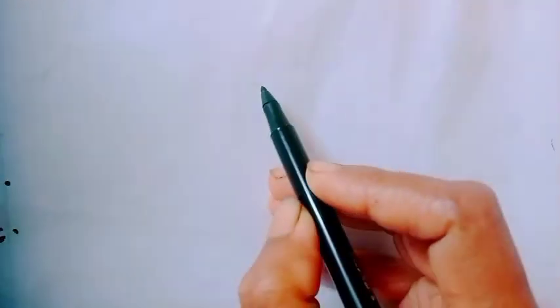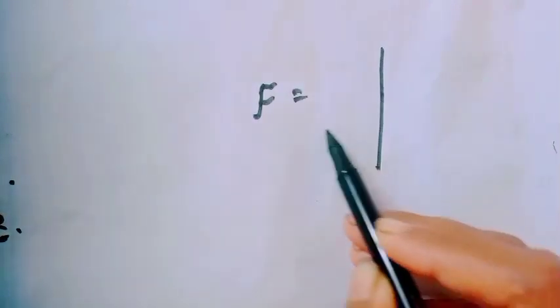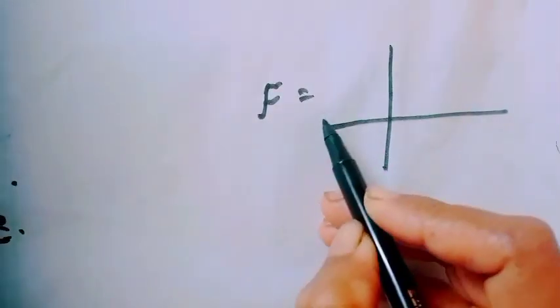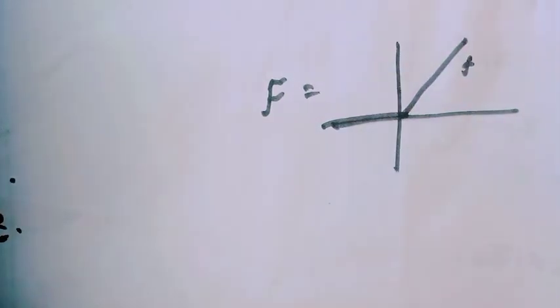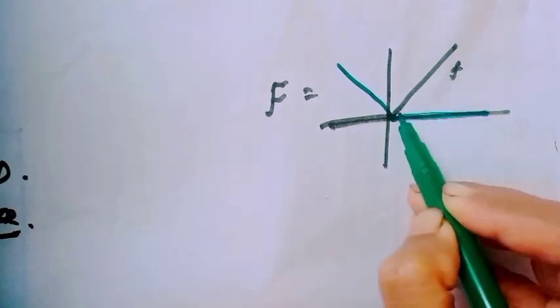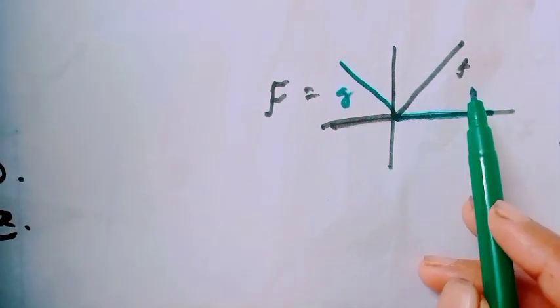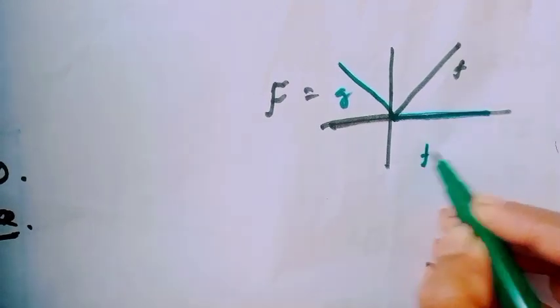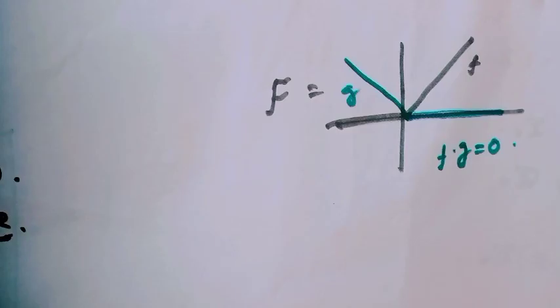That means consider functions of such type. Consider this function as f and this function as g. Here notice f and g are both non-zero, but f times g would be equal to 0. This type of function is also an example of a non-integral domain.